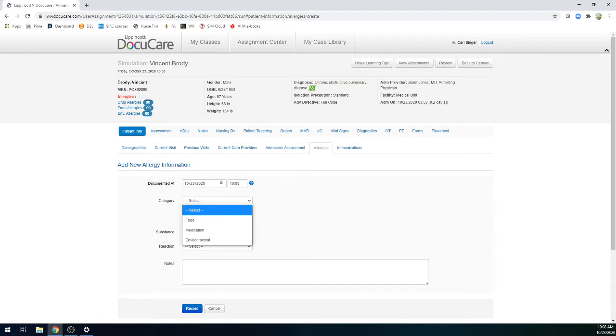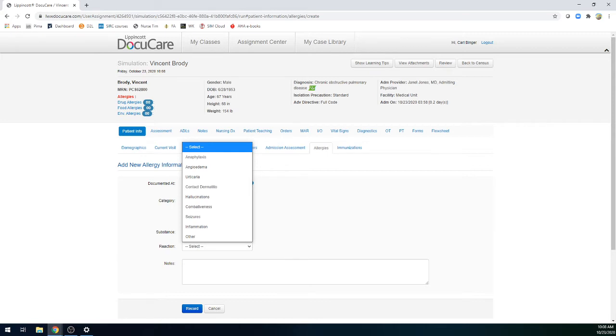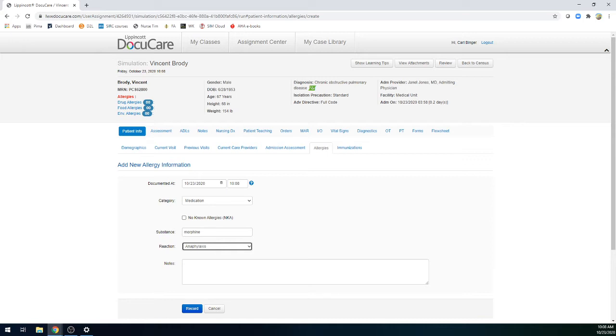What category is it? Medication. Now let's put in there what it is. Morphine. What's my reaction? Anaphylaxis or whatever one. Okay? Or under medication, if there is no allergy, hit the NKA.